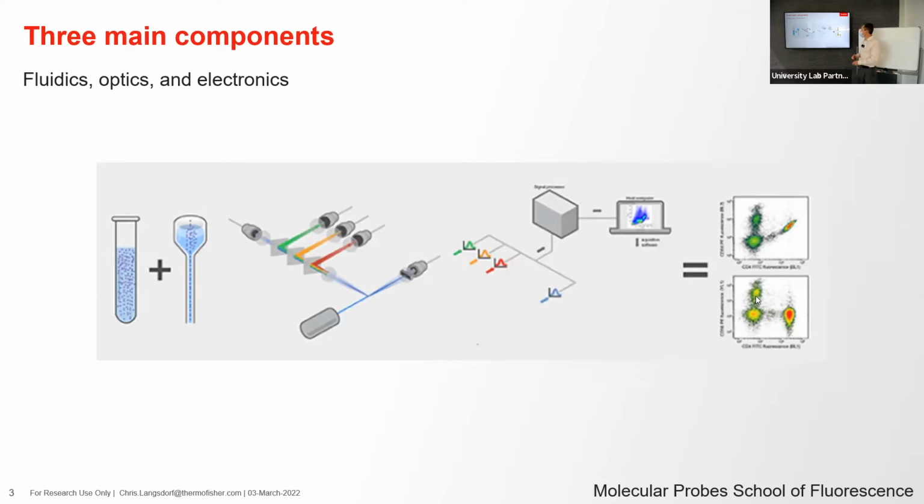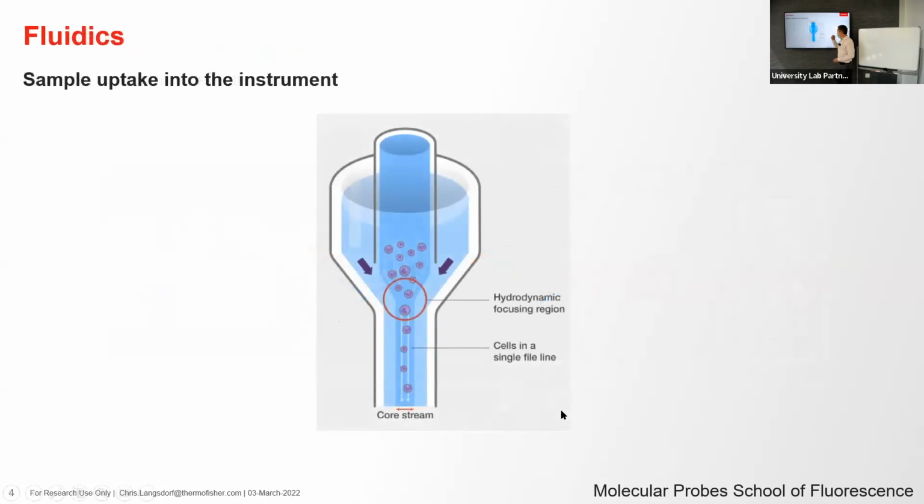And so what this looks like when they're all put together, I guess first, the way that our cells are focused in the fluidic system generally relies on a system called hydrodynamic focusing. This means using fluid to focus our cells, to get them into a narrow stream where they go from a wide sample with lots of cells moving very slowly to a very narrow stream that's moving very rapidly through the laser.